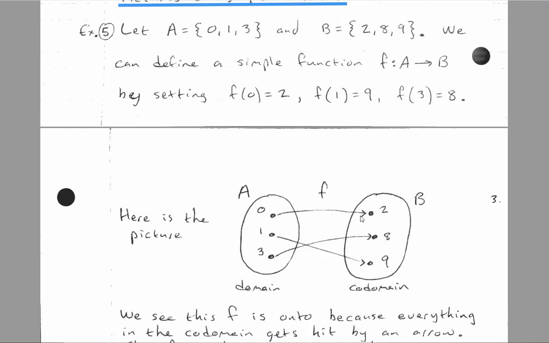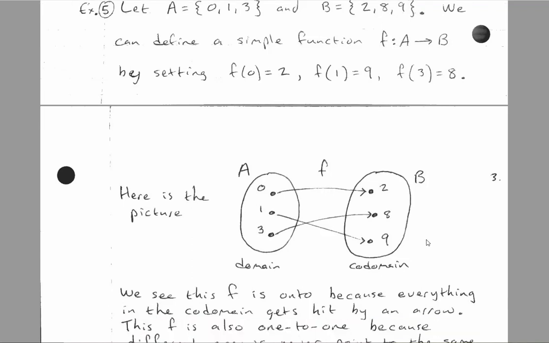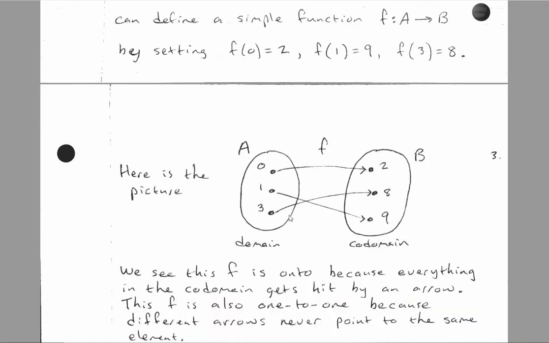Then we can use arrows to see what gets sent where: 0 to 2, 1 to 9, and 3 to 8. This is a good picture, at least for simple functions. You can draw this picture if A and B are not too big.